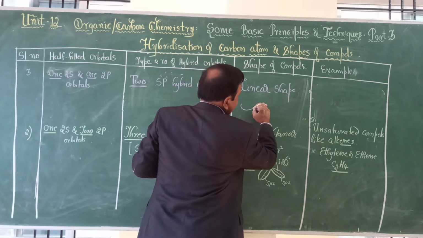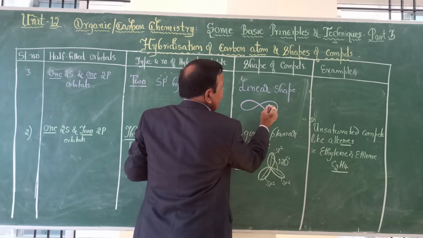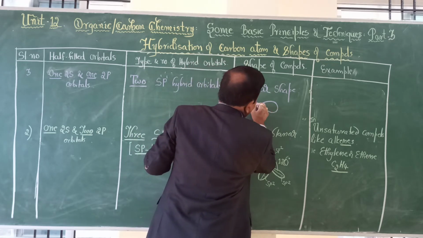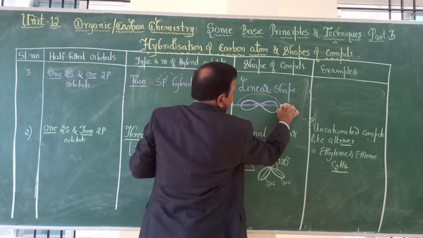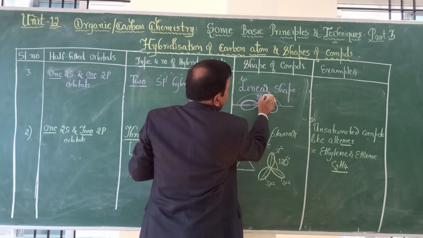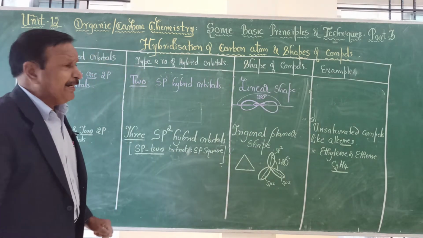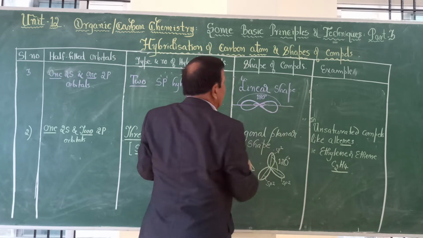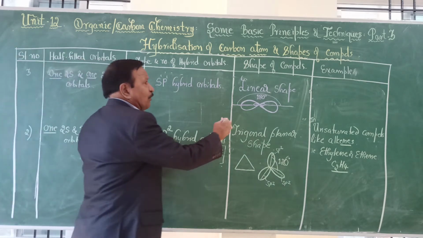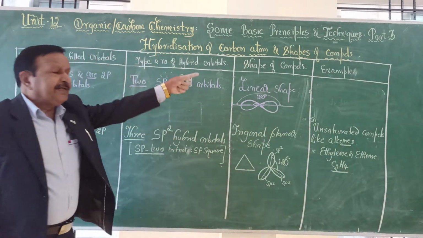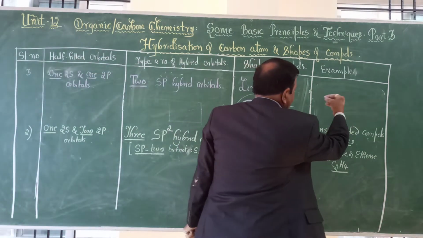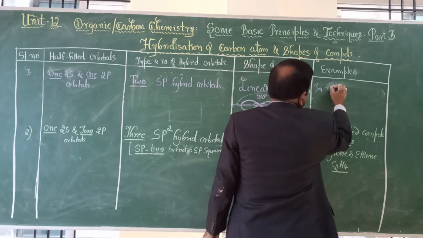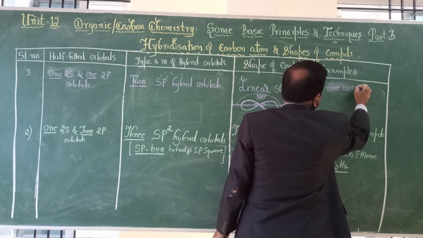S and p are going to combine, and the angle will be 180 degrees. Since 2px and 2s are involved, py and pz are free, and hence we are going to get a triple bond.